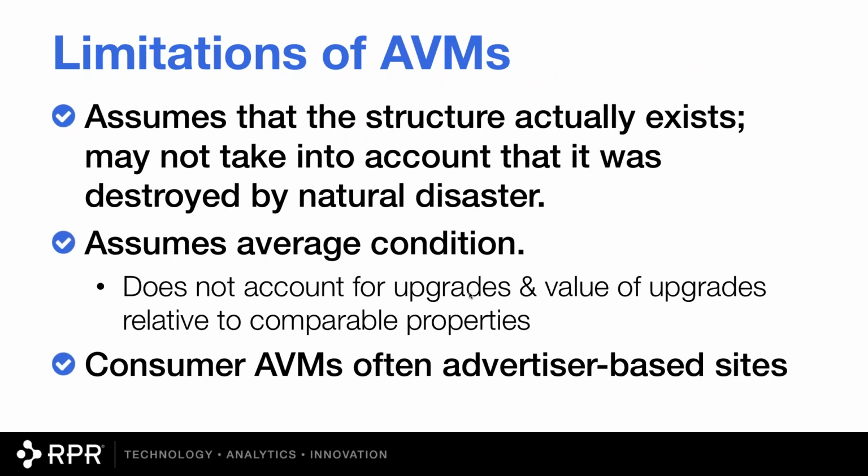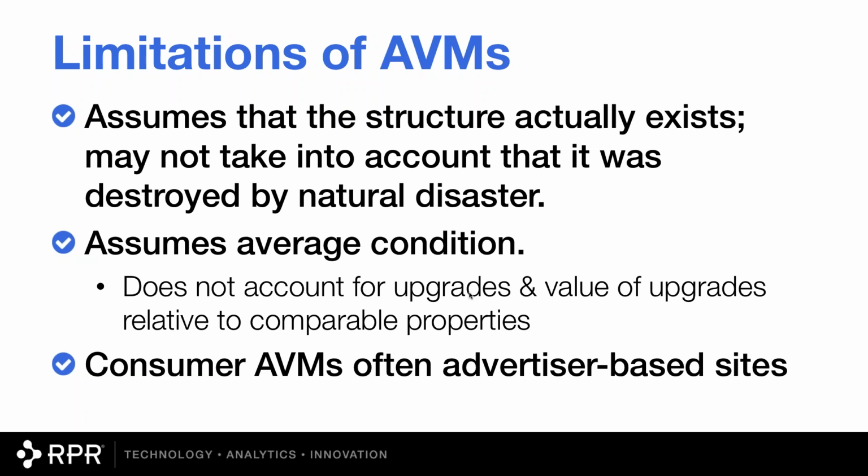Now, there are limitations of the AVMs. The AVMs assume that the structure actually exists. Now, it does not take into consideration that it might have been destroyed by a natural disaster, whether it's flood, hurricane, tornadoes, or whatever the case may be, fire. But it assumes that it's in average condition.